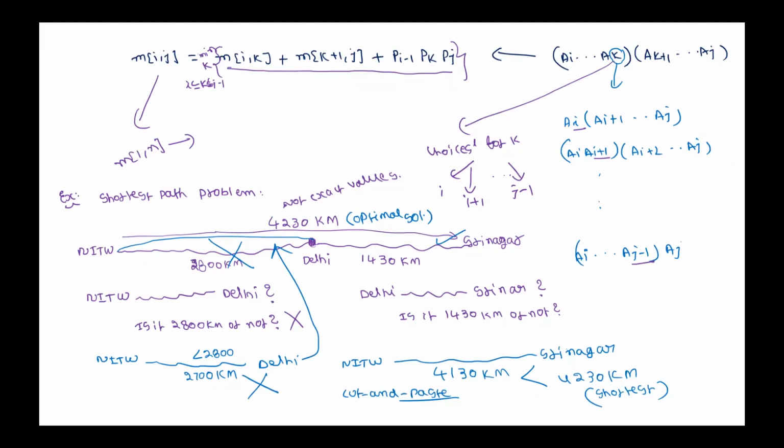What does it mean? That means it's an optimal substructure. So the shortest path problem has optimal substructure.